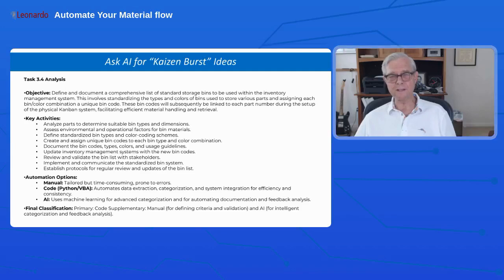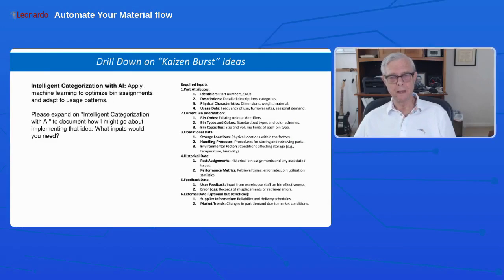You can keep asking questions and get it to drill down if some of these things aren't clear. Ask it to provide a little more information. Tell me more about this recommended step. I don't know how far deep you can go, but you can go pretty darn deep. Here's an example of drilling down on the Kaizen burst ideas for this particular topic that I just shared with you. It's giving you all kinds of things that you can explore.